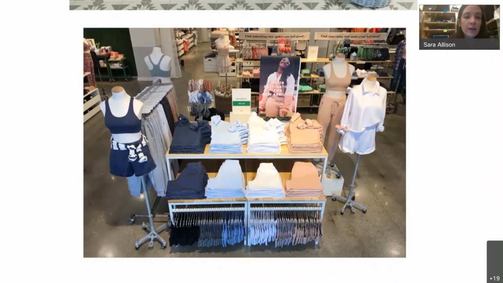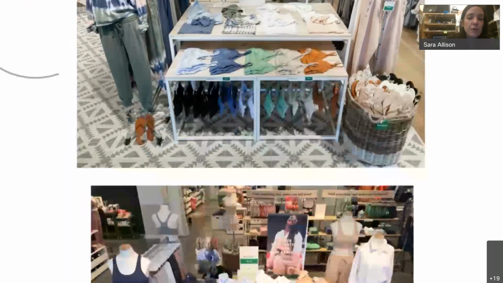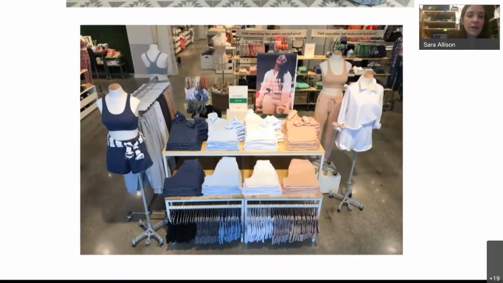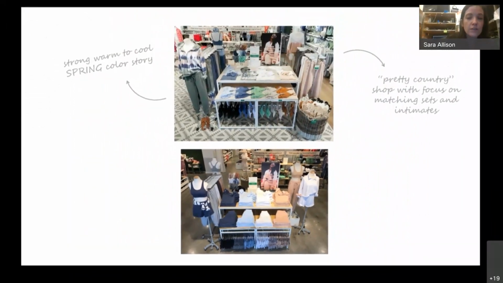So same kind of color story, different items, and then I did maintain bralettes across the bottom to still give that hit of intimate. I still have all the great styling on my forms. So still a very similar story, but done with a different product selection. I think this is a great example of utilizing all your filters.